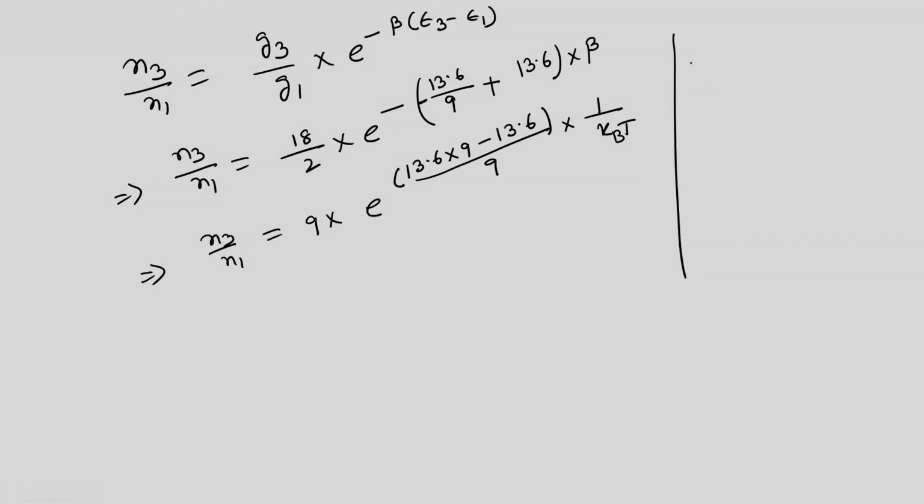Now, it is given that 3 by 2 k_B T is 1 electron volt. So, k_B T is nothing but 2 by 3 electron volt.